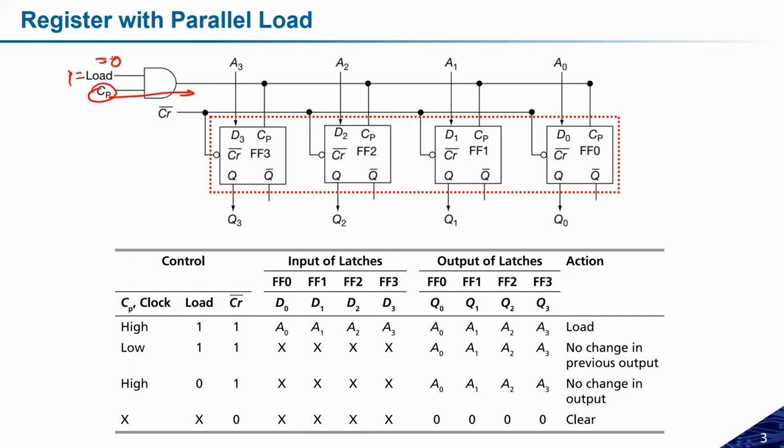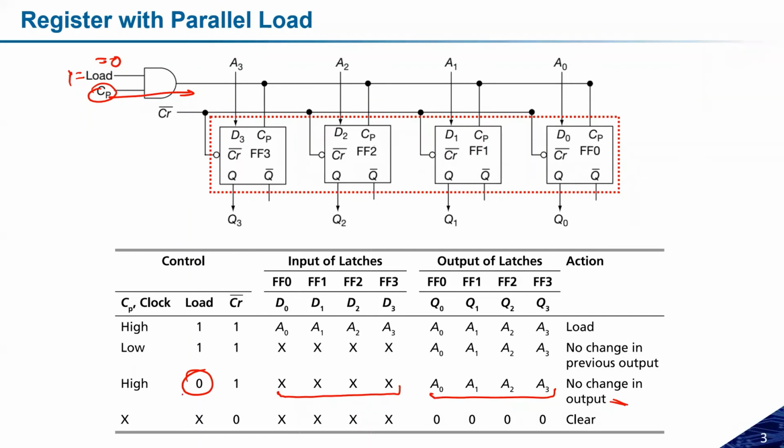If load is equal to 0, in that case whatever the input I am giving, it does not matter, that will always hold the previous state, meaning no change in the output. Okay. Now let us talk about the other cases.